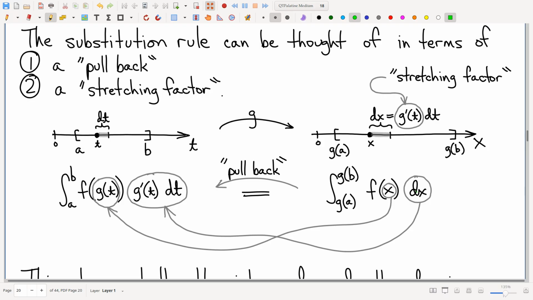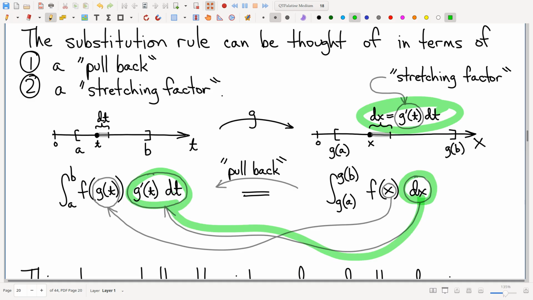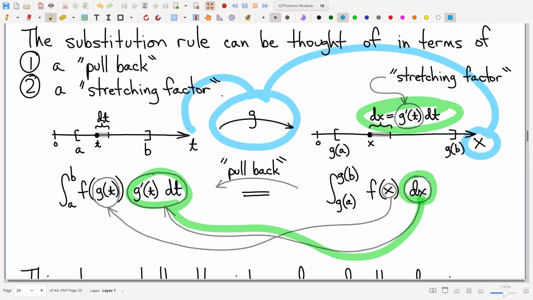Okay, well, this relationship that we just figured out there allows me to plug in for dx like so, and the fact that x is g of t as previously discussed, I can just plug that in like so. And notice that my original interval is from A to B on the t-axis.